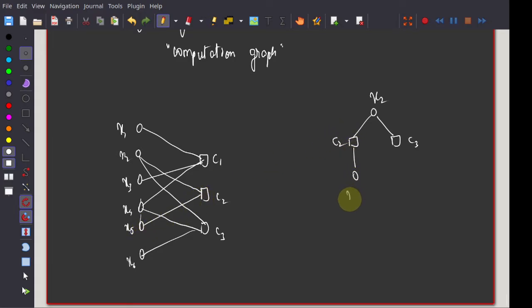And what about C3? The message from C3 to x2 depends on the messages sent from x4 and x6.